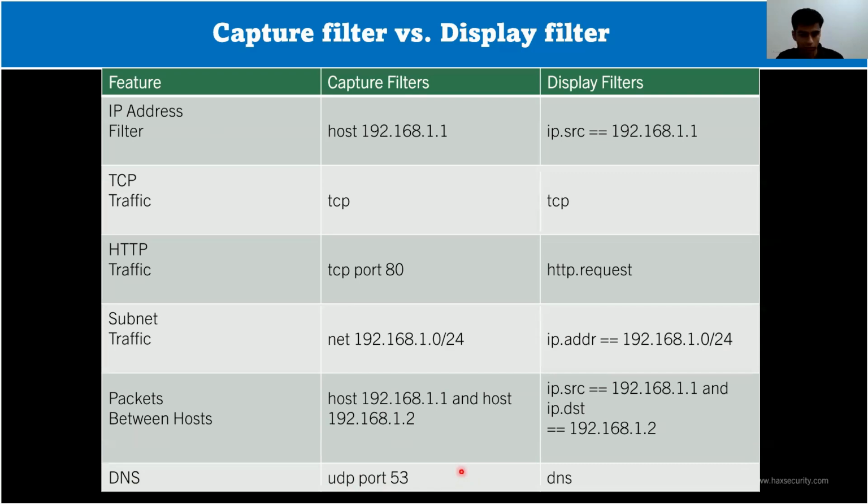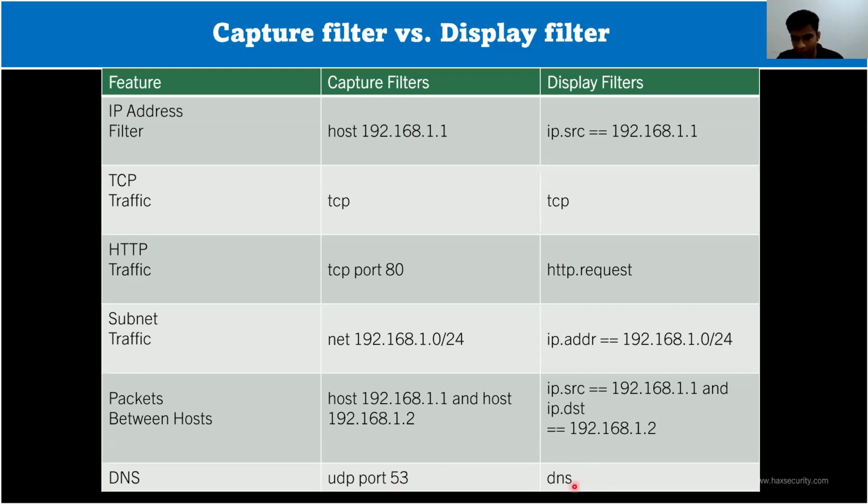I guess everybody knows the DNS traffic works on port number 53. And in the display filter, it's the same, just by writing the name as DNS. Okay, so the traffic will be the same, but where and when you are applying it is important. This one you are applying before packet capture starts, and this one you are applying after packet capture starts.